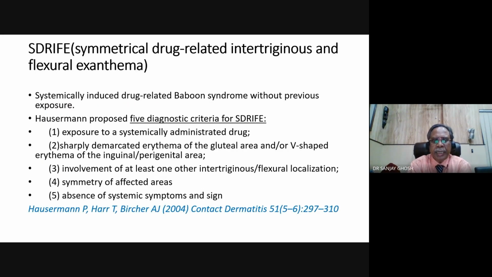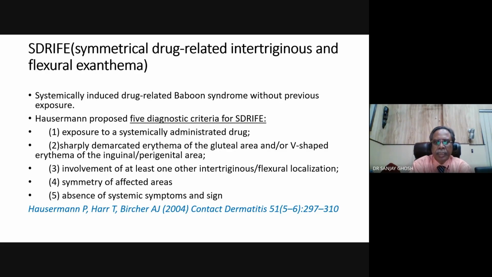Now Hausermann has given 5 diagnostic criteria for SDRIFE. First is exposure to a systemically administered drug, systemically, not topical. Second, sharply demarcated erythema on the gluteal area, V-shaped erythema on the inguinal or perigenital area. Third, involvement of at least one other intertriginous or flexural localization, usually symmetrical.